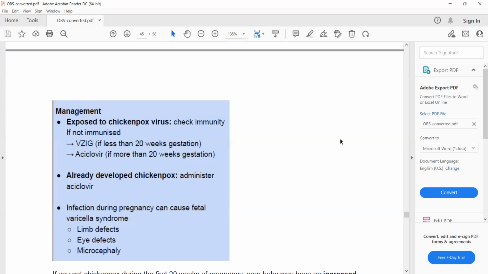So if after checking the immunity, the female is not immunized and she is less than 20 weeks gestation, then we'll give varicella zoster immunoglobulins. But if more than 20 weeks gestation, then we'll give acyclovir.